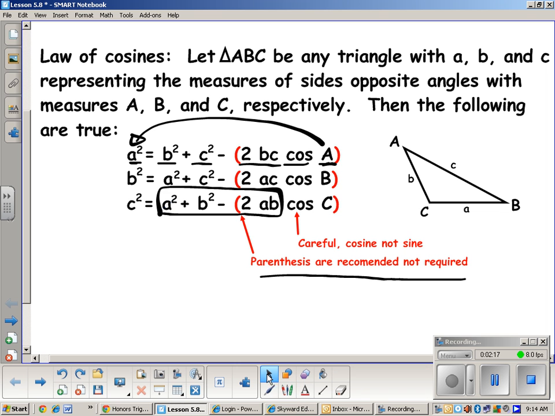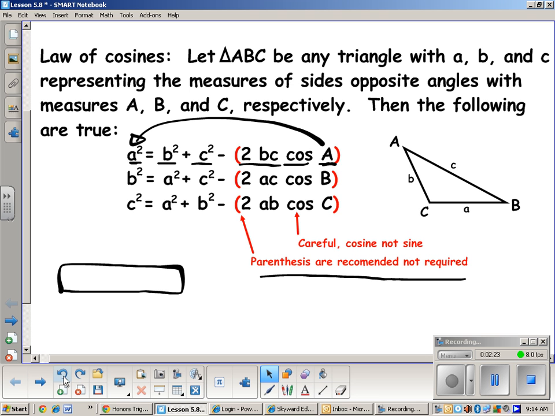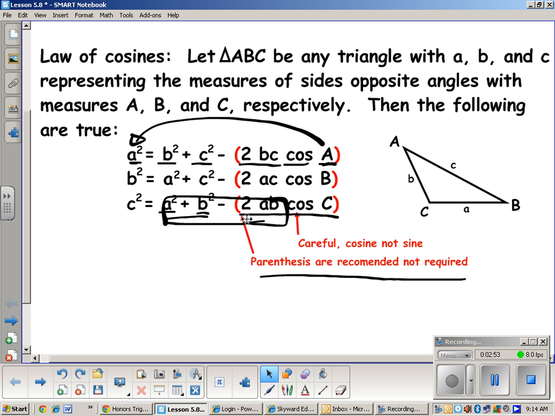The order of operations would say we square this, we multiply all that out, then we add these 2 and subtract that one. So if you don't make a mistake, you don't need the parentheses. But my experience is, far too many of you do that out of order, and you have a tendency to want to do all of this and then multiply the answer by the cosine of whatever that angle is.